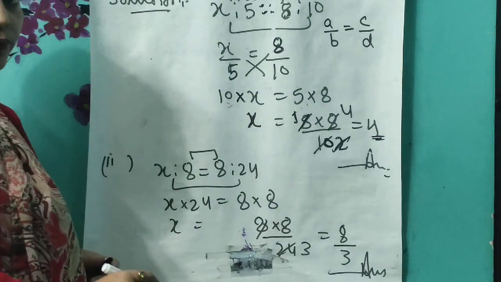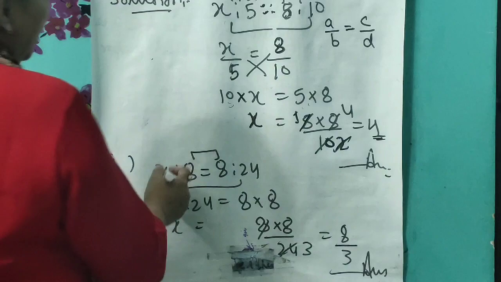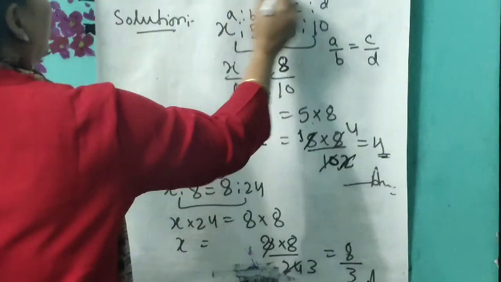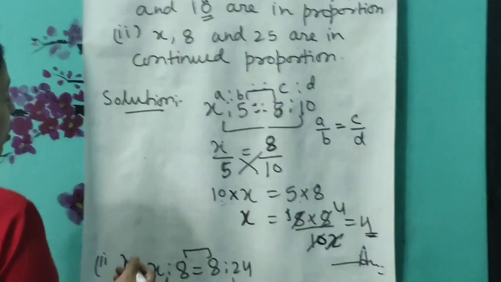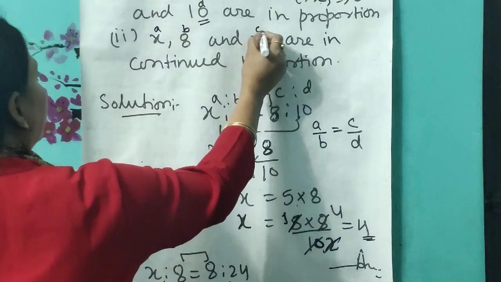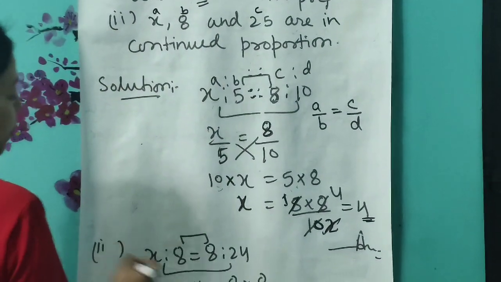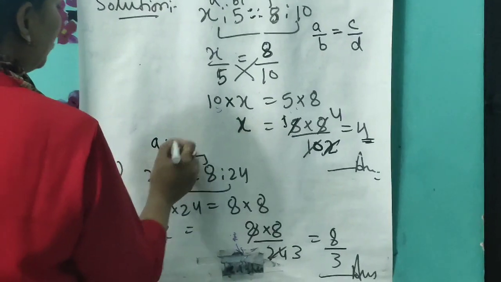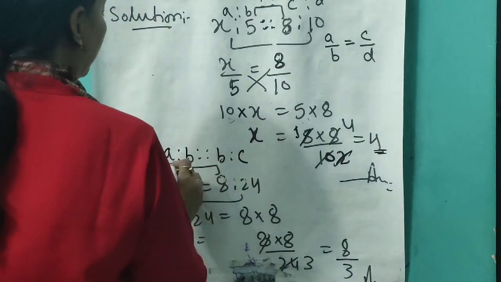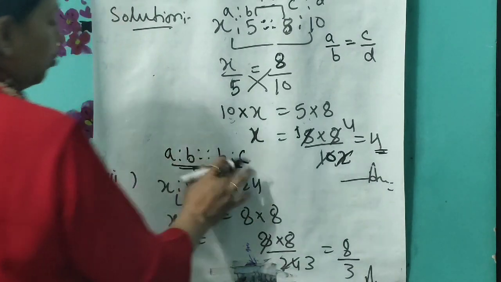Now the second one. It is given that x, 8 and 25 are in continued proportion. They are in continued proportion means this is A, this is B and this is C. And in case of continued proportion, how do we write it?